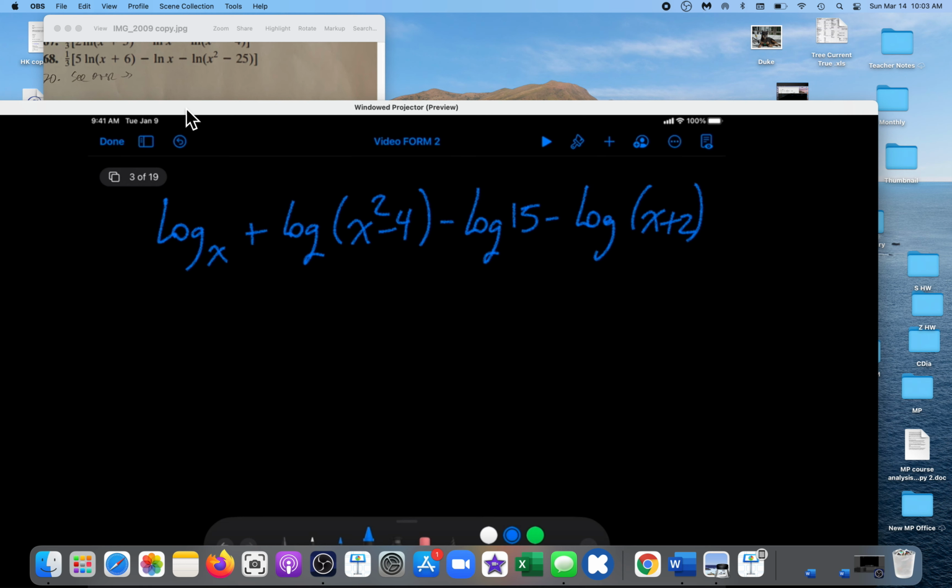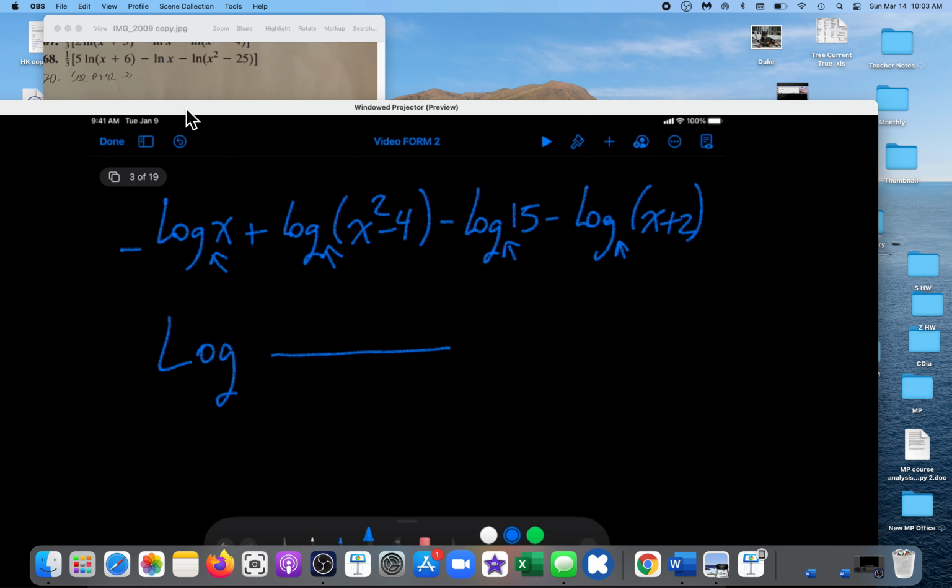Okay, so what's going on here? We're going to write the word log once. I'm sorry, this first one is not log to the base x. It's just log of x. They all have a base of 10. They're all the same. They all have 1 as a coefficient, some negative, some positive.